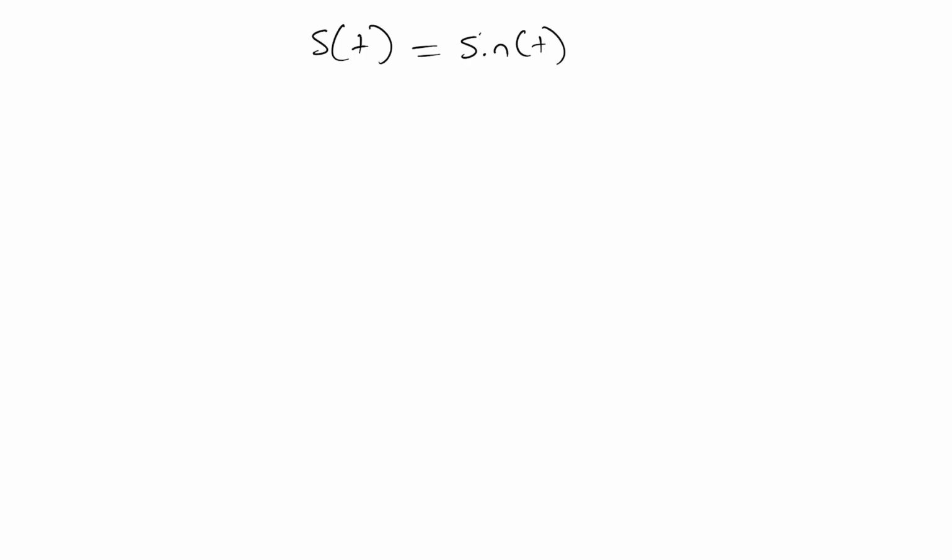Well, our velocity is simply the derivative of the position equation, which means that s prime of t is equal to cosine t. And then our acceleration is the derivative of our velocity equation. So s double prime of t is equal to negative sine t.